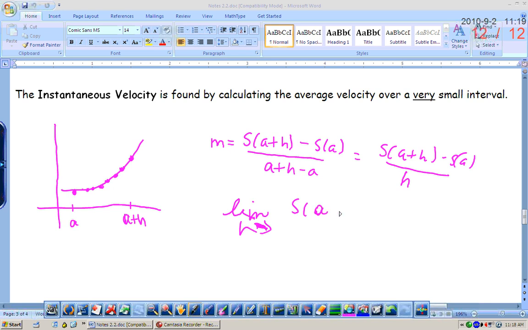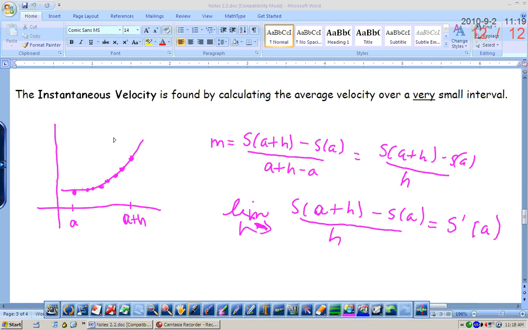S of a plus h minus s of a all over h, which is the formula for the derivative. In terms of these variables, it's the derivative of what? S of a. So that equals s prime of a.